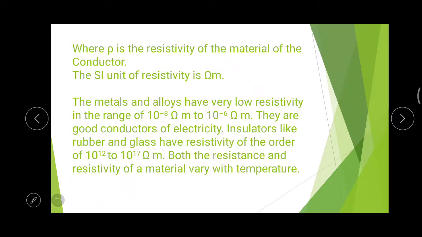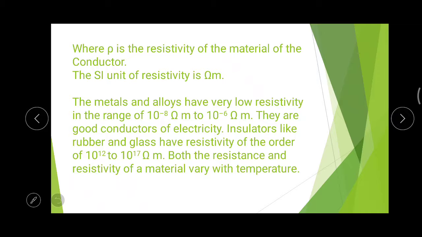We have seen that the length, area and the nature of the material are the major factors affecting the resistance value, where length is directly proportional to the resistance, whereas the cross-sectional area of the conductor is inversely proportional to the resistance.